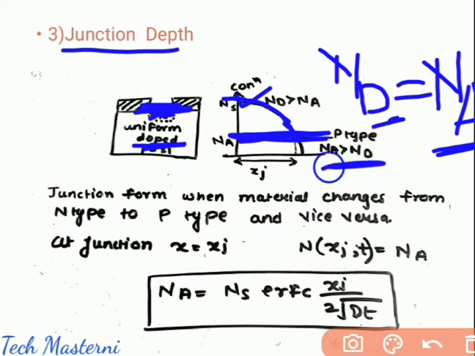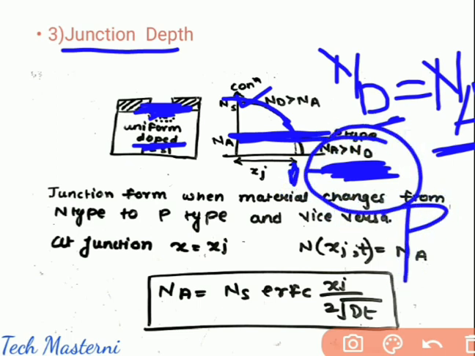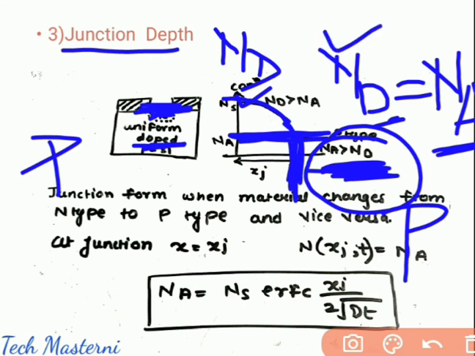After that junction point, my acceptor concentration will dominate and be more than the dopant concentration. So after this particular junction Xj, this area is my P type substrate, and before this junction I have my dopant Nd present, and at this junction point my Nd equals Na. So this is all about the junction depth.